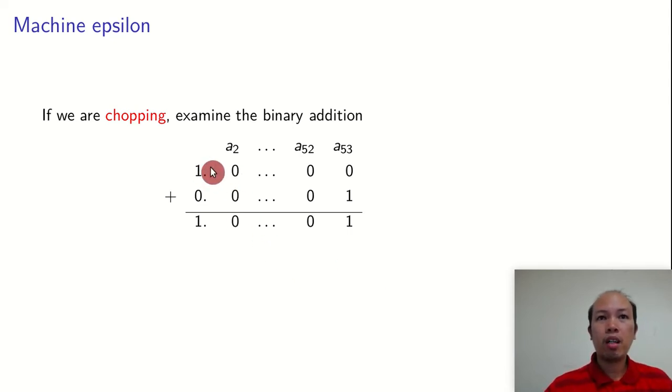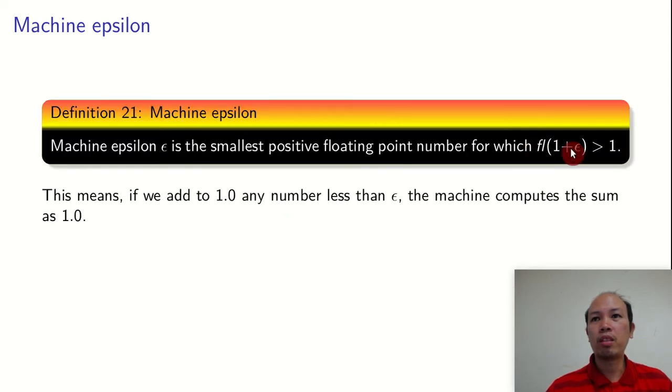This is our 1.0 in binary form, and this is the smallest number, 0.0001, that we can add to the binary representation of 1, which is 1.00, that will satisfy this one.